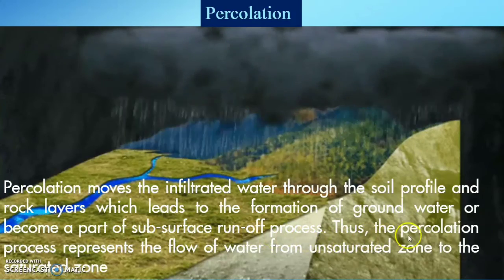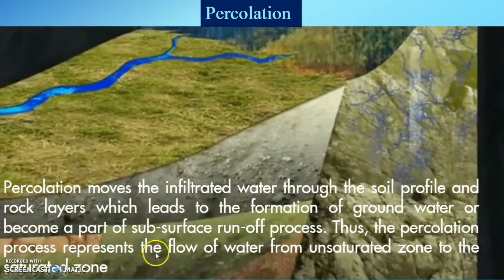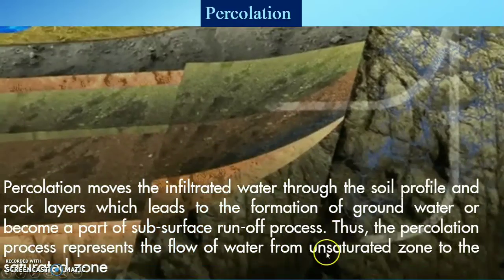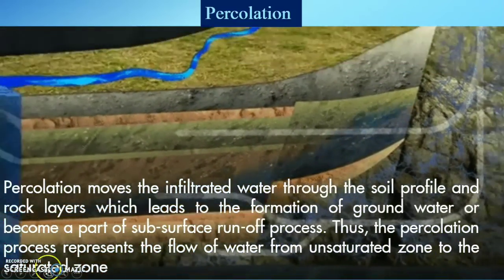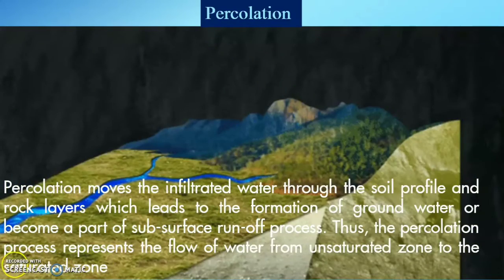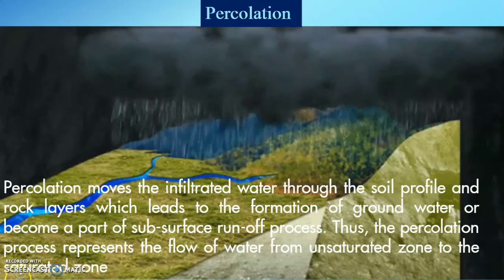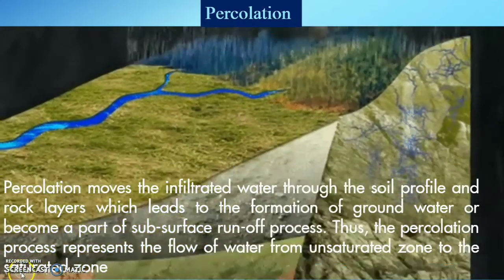So children, the percolation process represents the flow of water from the unsaturated zone to the saturated zone. Is it clear children? So children, did you understand about percolation clearly? Good.